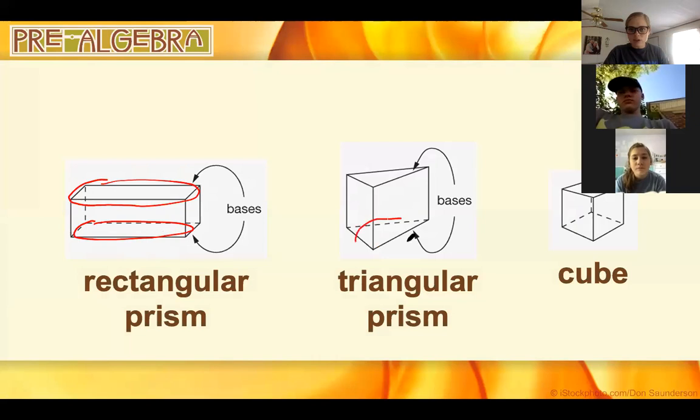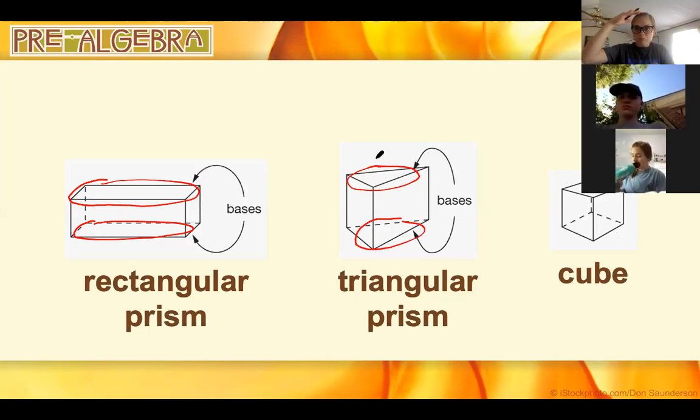Here, my bases are triangles. Both are triangles, triangles are polygons, and they're parallel to one another. It's a triangular prism. A cube is also known as what kind of prism? What's another name for a cube?